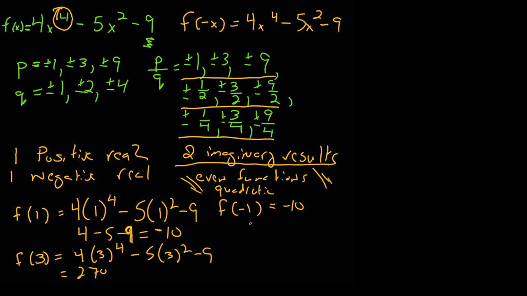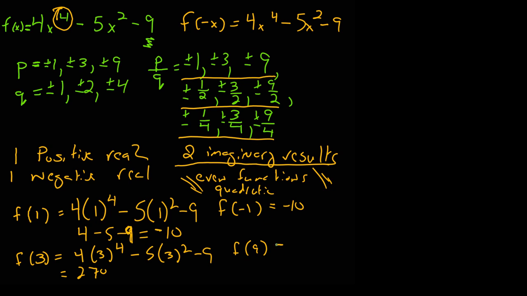Now, what's happening here is these numbers are getting bigger. And there is a sign change between -10 and 270. So I'm pretty sure if I put 9 in. Now notice I'm not putting -3 in, because -3 is going to give me the same answer, right? So we're using our test here, and we're working our way through testing each possible number.